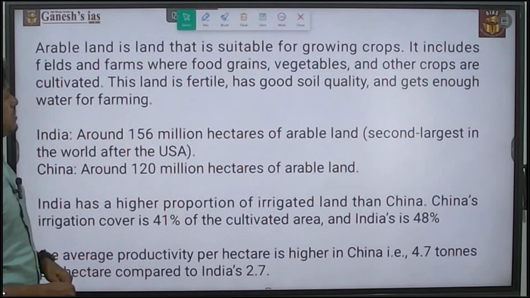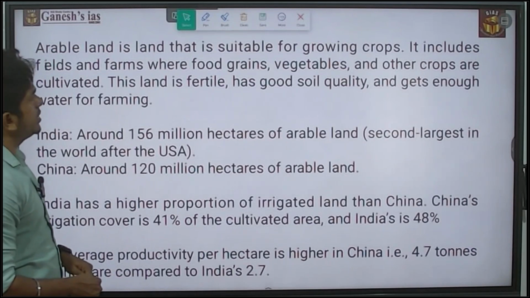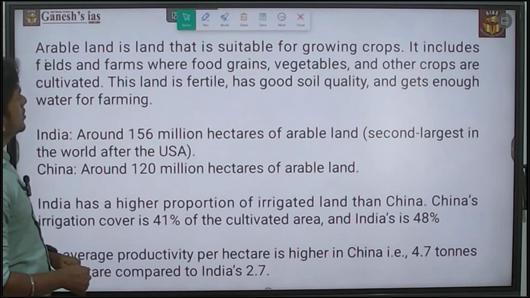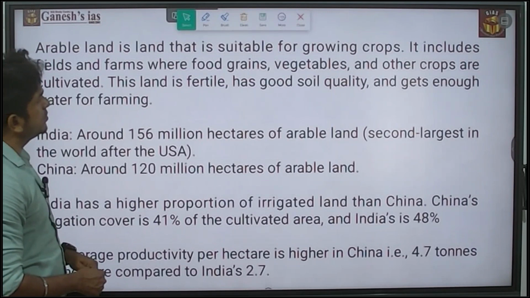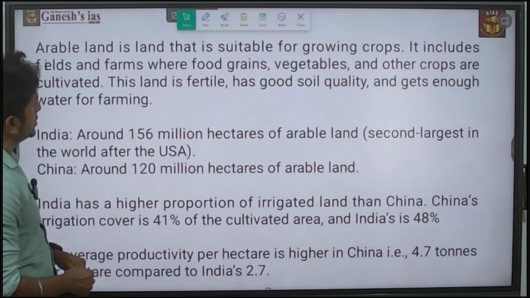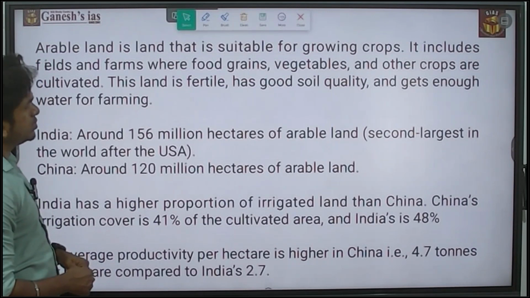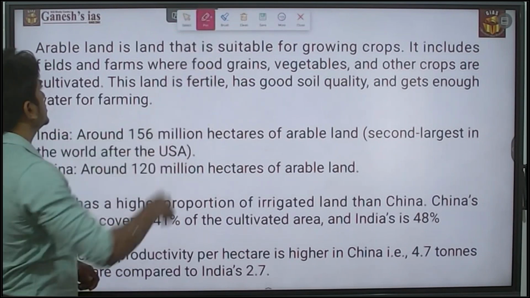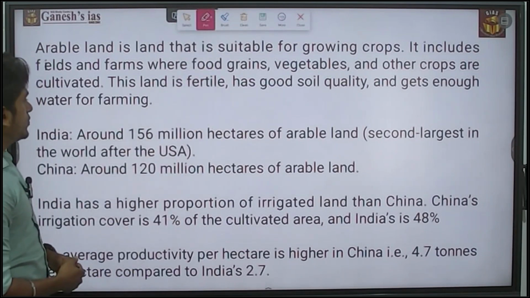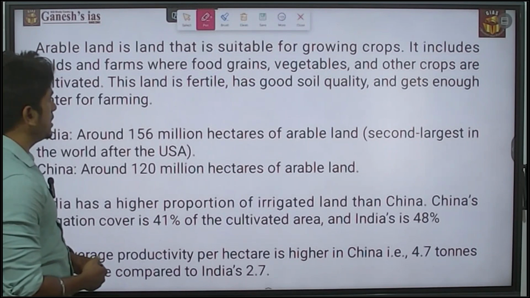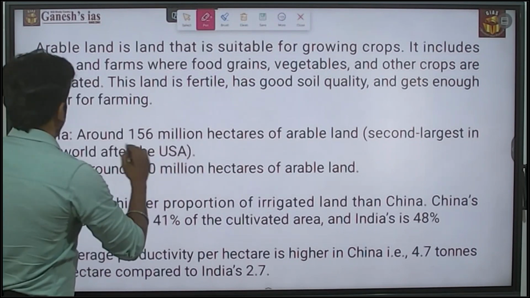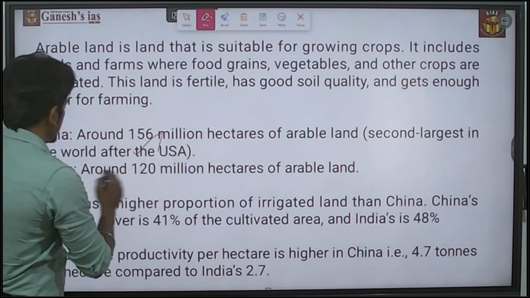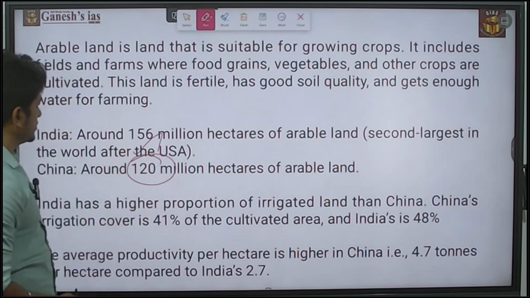Arable land is the land that is suitable for growing crops. It includes the farm fields where food grains, vegetables and other crops are cultivated. This land is fertile, has good soil quality and gets enough water for farming. Next, there are around 156 million hectares of arable land in India, and in China it is only 120 million.